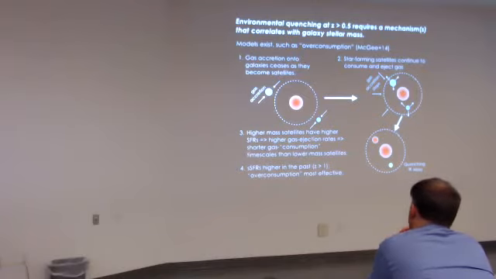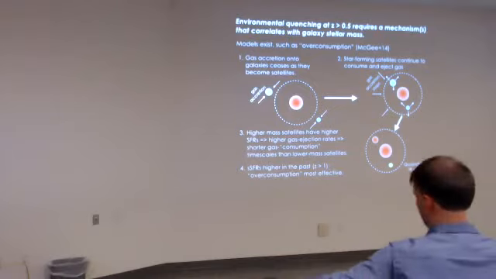The combination of the higher star formation rate and driving these outflows at higher rates leads them to consume or eject their gas on a shorter time scale than lower mass galaxies. And so as a result, you end up with the higher mass star-forming satellites running out of gas sooner. They simply eject it or consume it faster than their lower mass cousins. And this naturally leads to a model where the quenching mechanism would depend upon the stellar mass of the satellite.